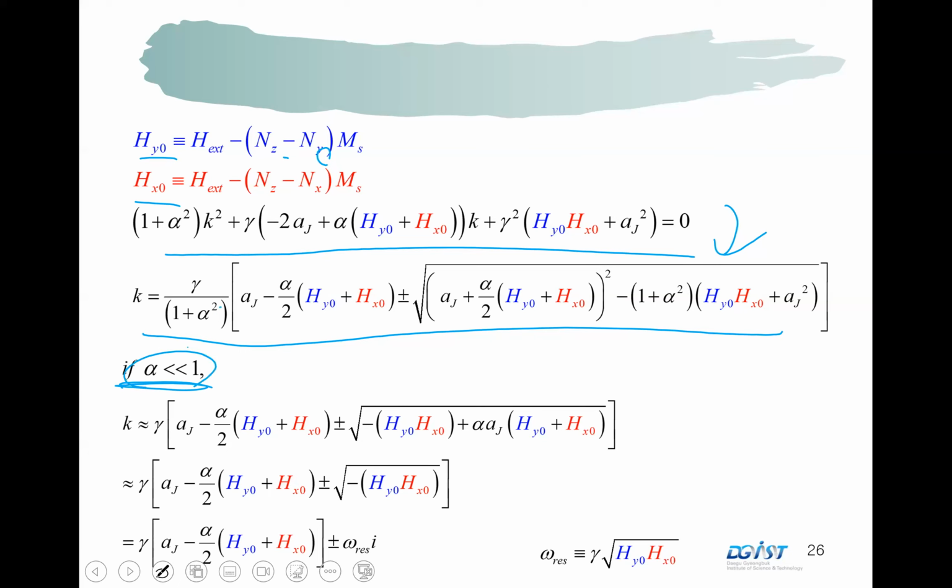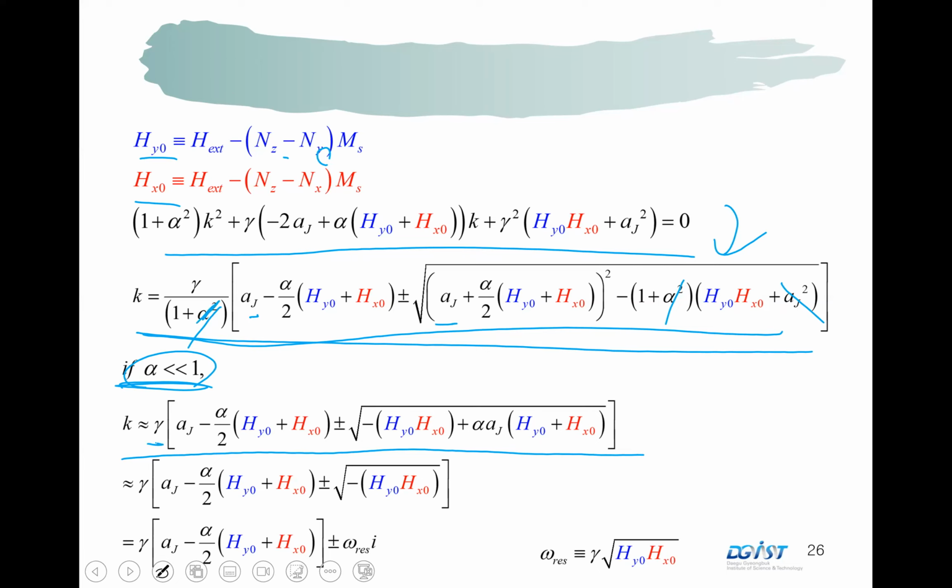So we can drop the square term of alpha here, and here we can drop it. Also AJ represents the spin transfer torque coefficient, and it is usually not that large, so we can drop the second order also. So this equation has a simpler form here, because we can drop alpha.